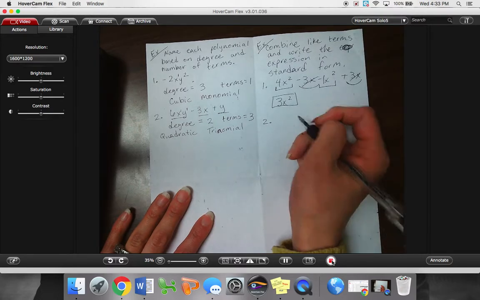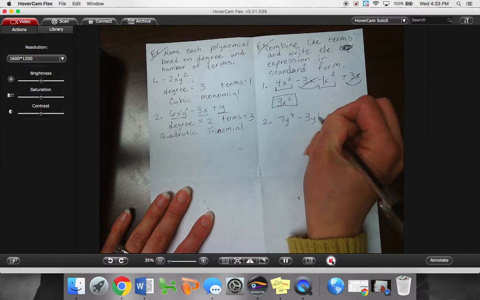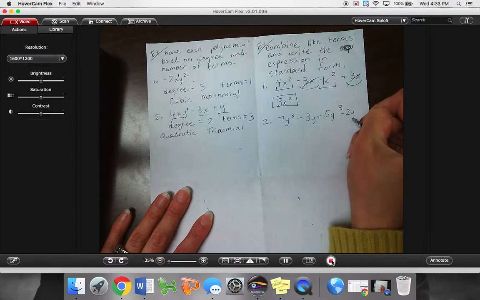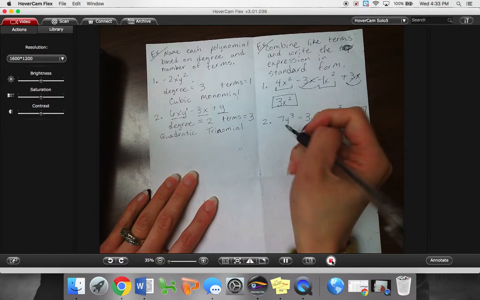Number 2, 7y cubed minus 3y plus 5y cubed minus 2y plus 7. So we're going to combine the ones that have the same variable and the same exponent.